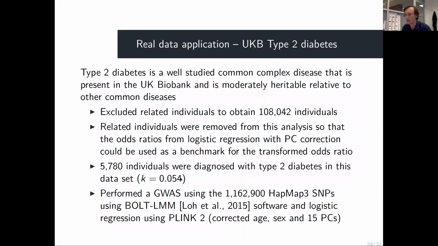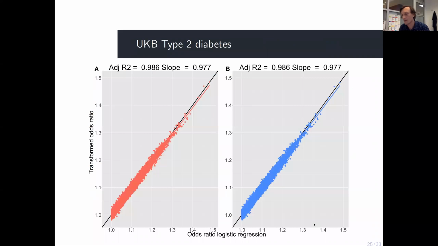And so here you can see the sample prevalence for type 2 diabetes in the UK Biobank, and we analyzed 1.1 million HapMap SNPs using BOLT-LMM and Plink2, corrected for these covariates. And so here we can see the analysis.